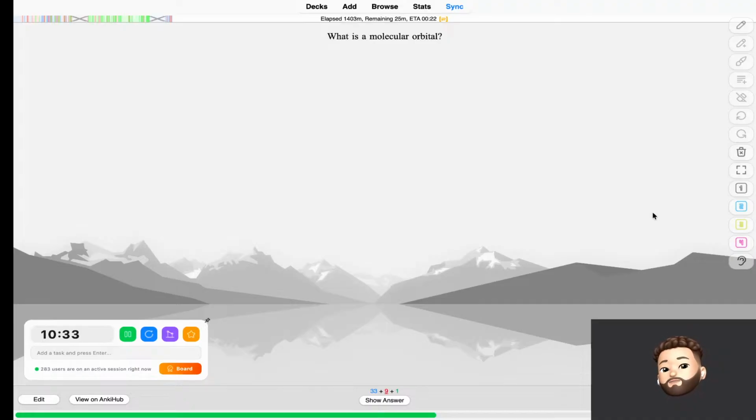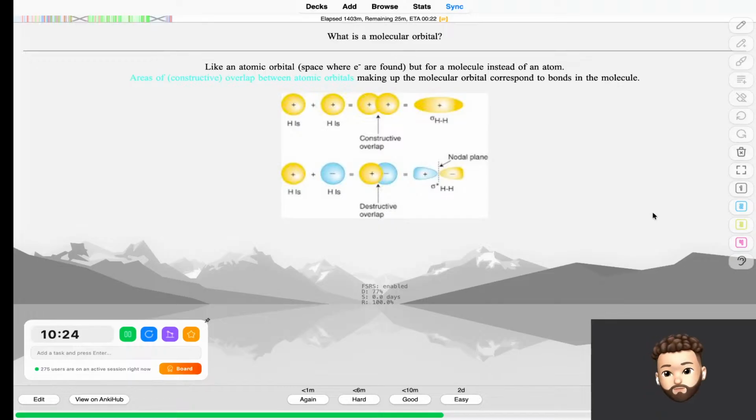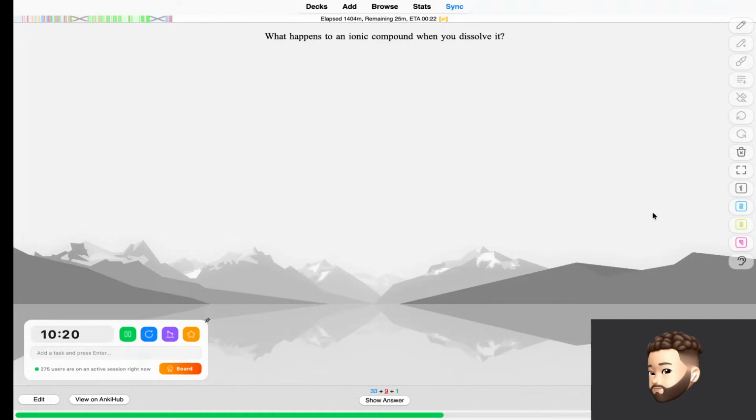The areas of constructive overlap correlate to a bond between those atoms. What happens to an ionic compound? It separates into its cations and anions.